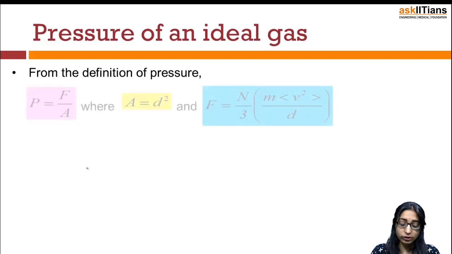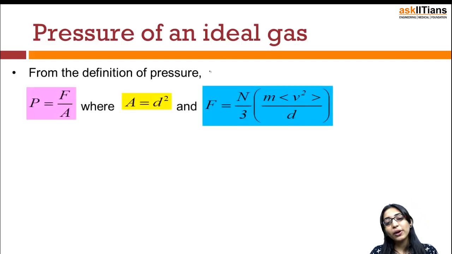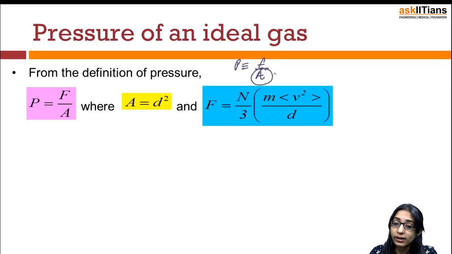From the definition of pressure, we know that pressure is force per unit area. The area of the wall is nothing but d square, because d is the length of the edge of the cube. Force can be written as n over 3 into m v square over d, the one we got in the previous slide.